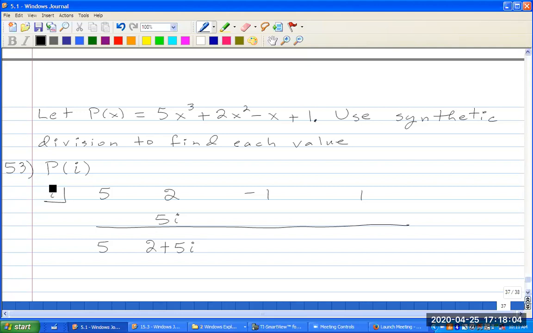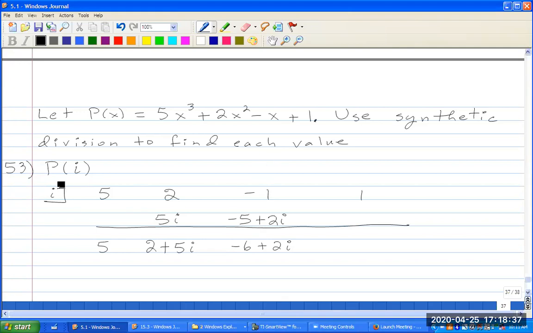Now, let's multiply I times 2 plus 5I. So I times I becomes I squared, which is a negative 5, plus 2 times I is 2I. Now let's combine. I can add real parts and just attach the imaginary part to it. So negative 1 minus 5 is negative 6, 2I.